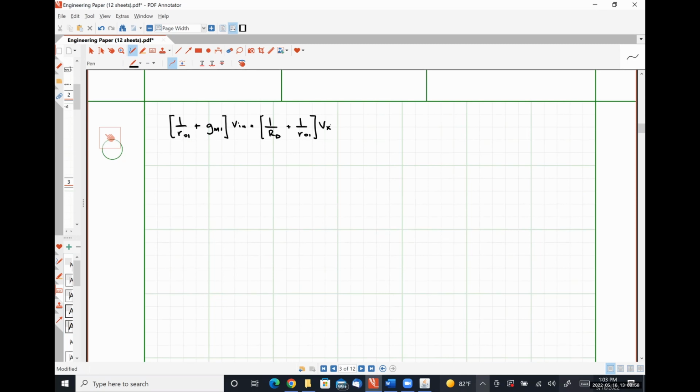Times Vx. And from this, I can see that Vx over Vn is equal to 1 over R01 plus GM1 divided by 1 over R01 plus 1 over Rd.